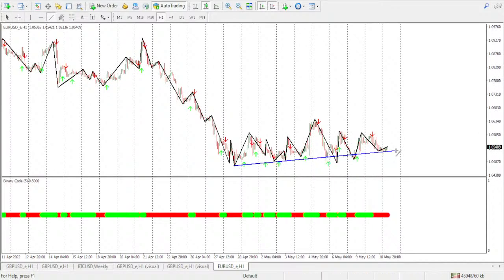We have that. So let me not draw 10 lines. Let me just highlight a zone, because it looks like there is a zone there which is interesting. We have a zone like this.